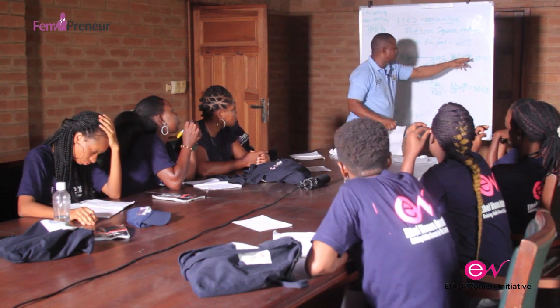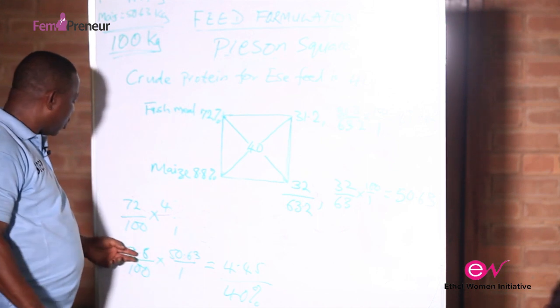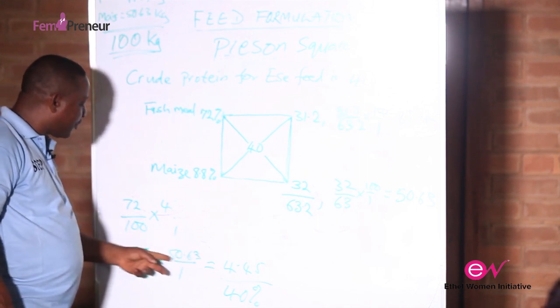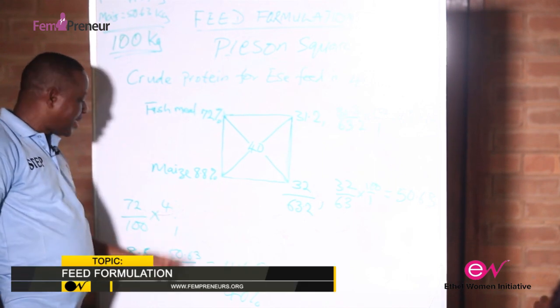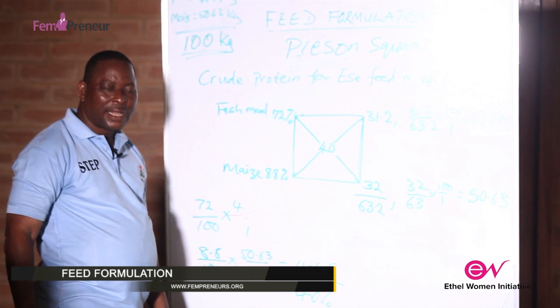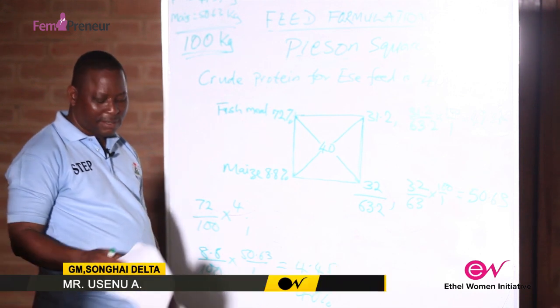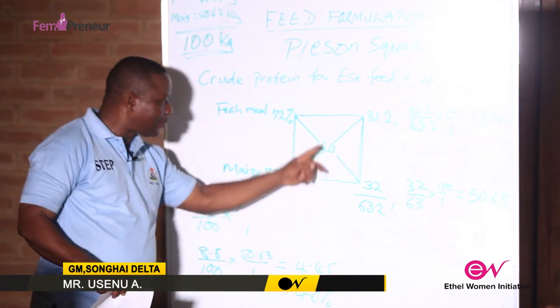If you weigh these two, each of them will contribute. The contribution of this 50.6 kg you weigh is 4.45, while the contribution of the other one was 35.55. Good. So when you add the two together, you get this 40.